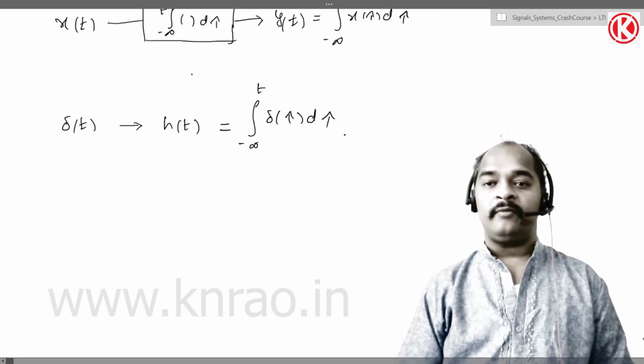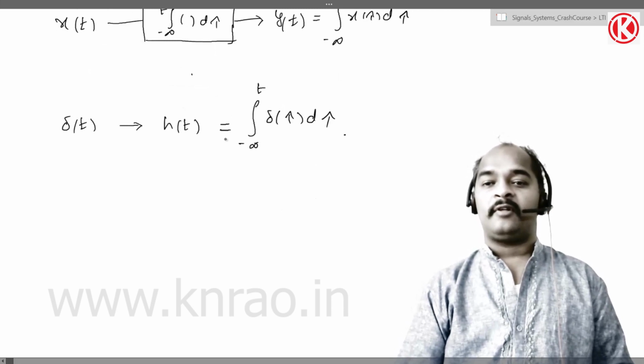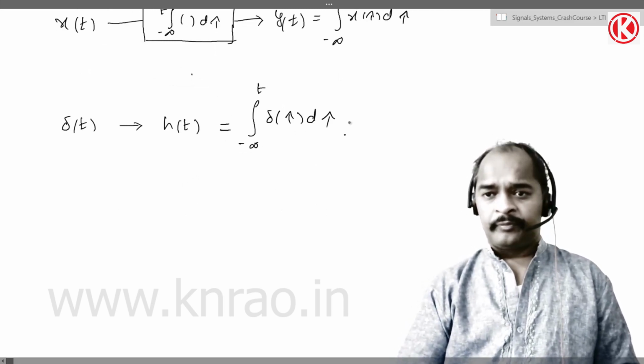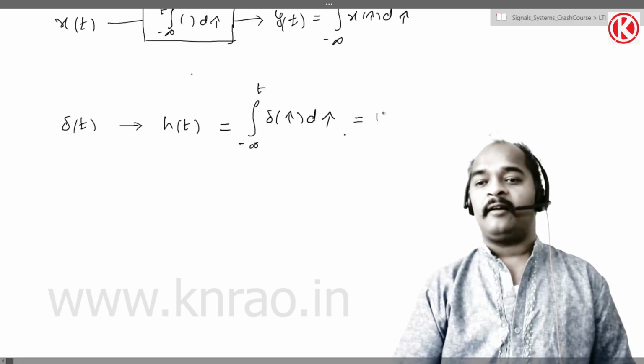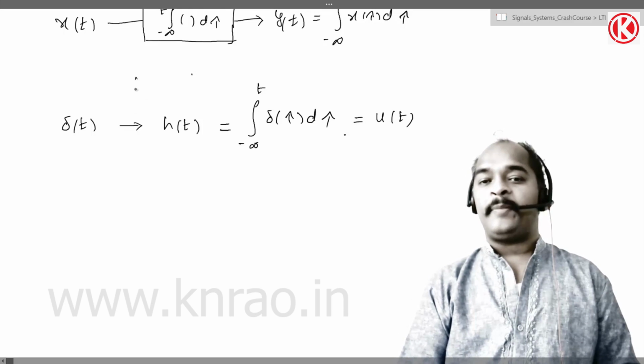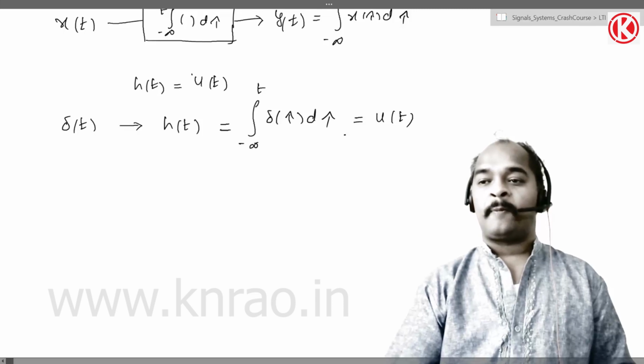You can easily see that the integral of the Dirac delta function is the unit step function. So the impulse response of the integrator is the unit step function.